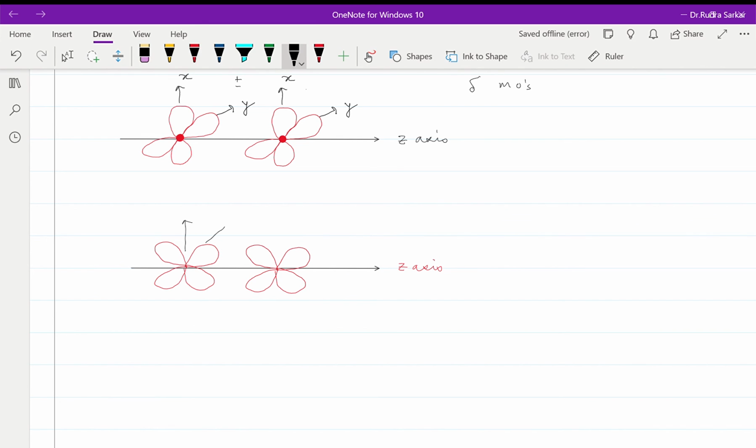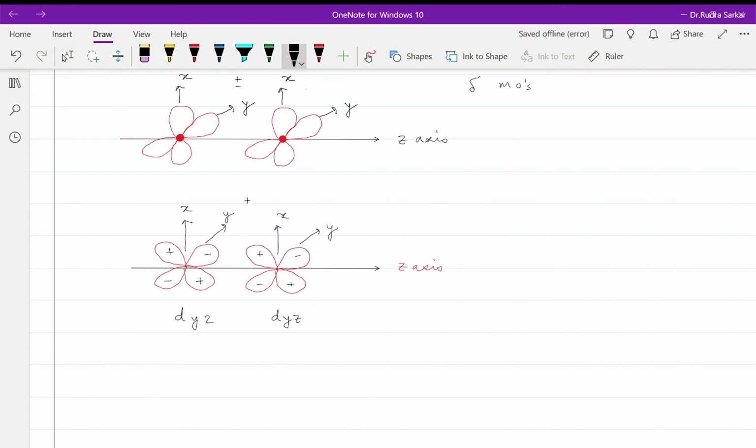All right, x and y, x and y. So we are calling this dyz, dyz. Now here, as you can see, the overlap is basically side on. If this is positive, positive, this is negative, negative, positive, positive, negative, negative.